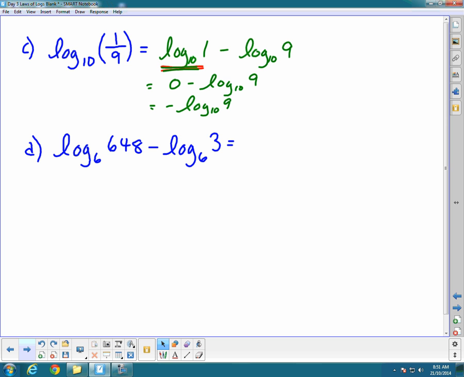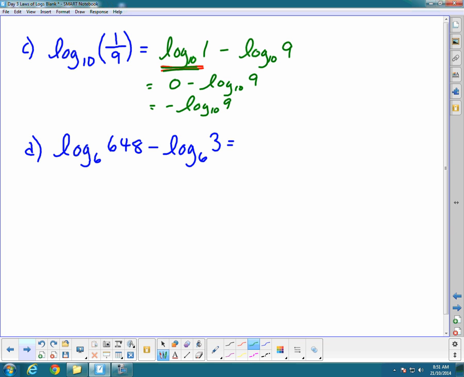On their own, they might be difficult logs to evaluate. So for example, what exponent do I put on 6 to get 648? I don't know. What exponent do I put on 6 to get a 3? Again, not too obvious. Like, what exponent do I put on a 6 to get a smaller number? That's a challenge. But if I use the laws of logarithms, maybe I can make this easier.